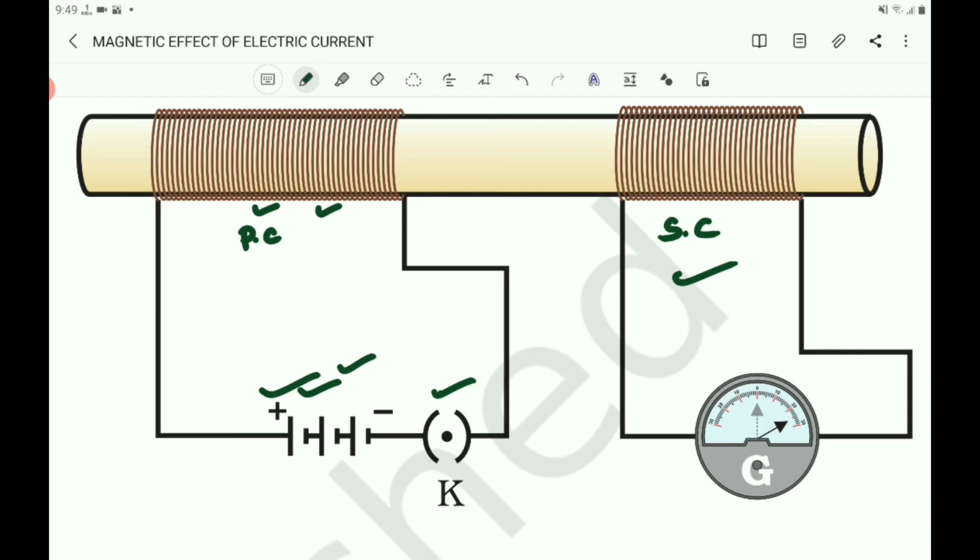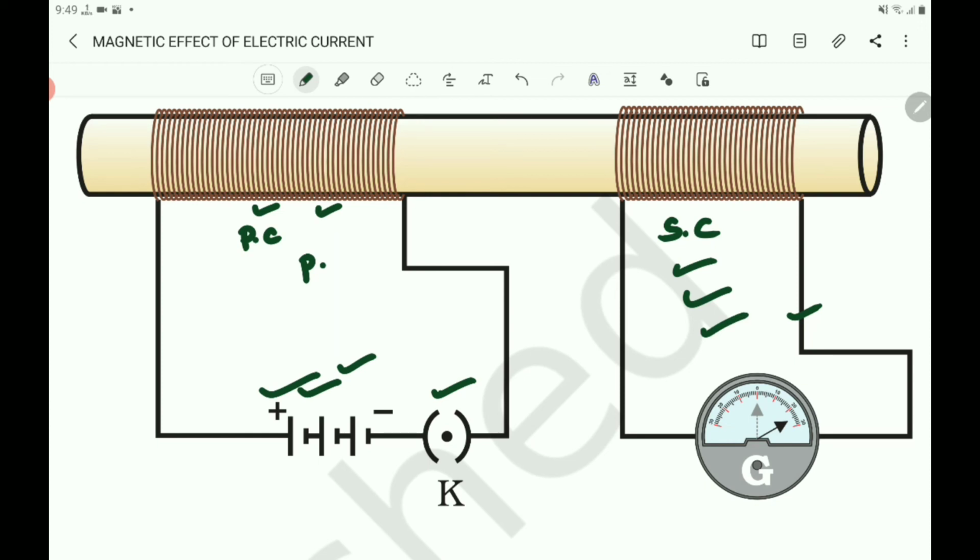Hence, the change in magnetic field lines associated with the secondary coil is the cause of induced current in it. As there is a change in the magnetic field linking with this coil, current will be induced through this coil. So, here there is a change in the electric current, and the current will be induced in the second coil due to the change of magnetic field linking with this coil.